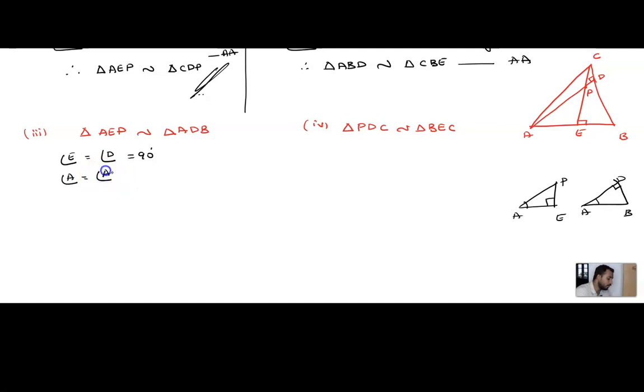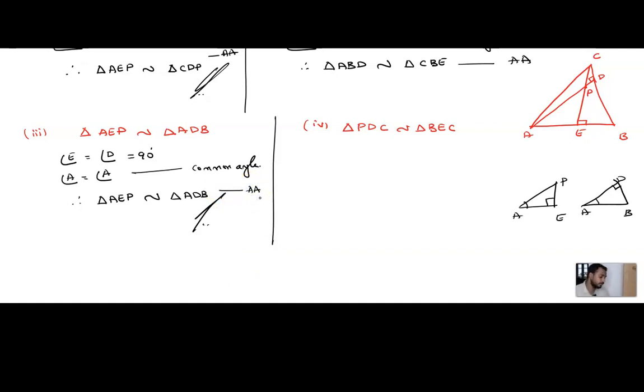Angle A is equal to angle A. What is the reason? Common angle. Therefore triangle AEP is similar to triangle ADB, hence proved. Reason? A similarity criteria.